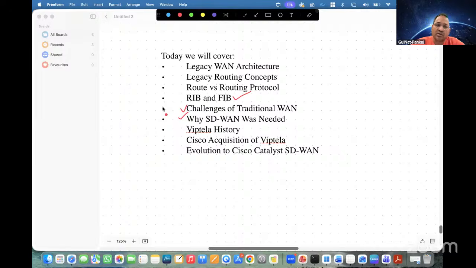Also there is a new term you might find: what is Viptela and how this company came into the picture. Because when you start with SD-WAN, Viptela is always going to be there. So, Viptela, their acquisition by Cisco, and then the evolution from Viptela to Cisco Catalyst SD-WAN. What are these transitions, and how did it happen in the past? I will explain all these things.